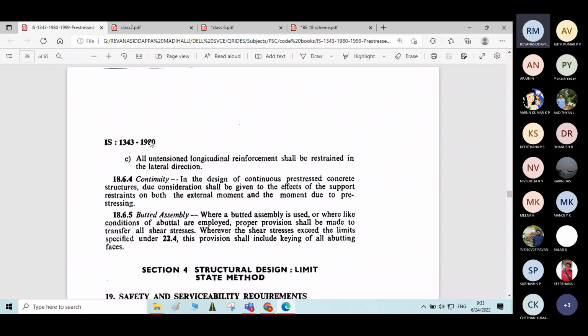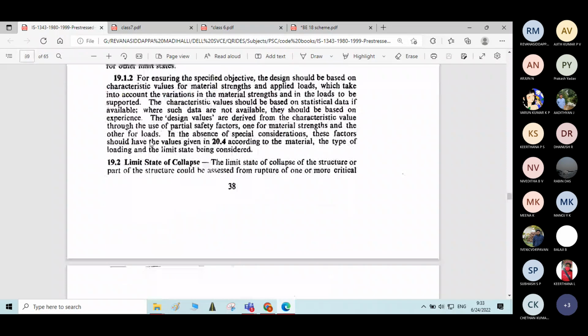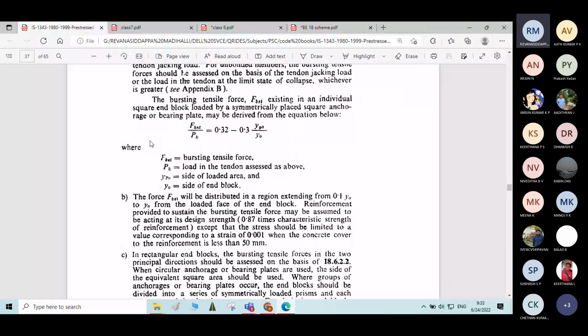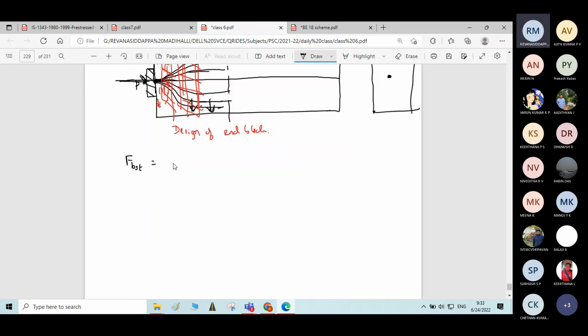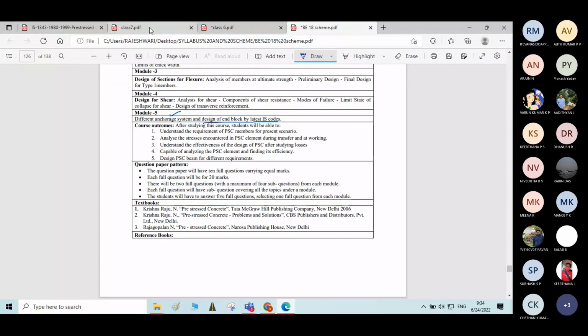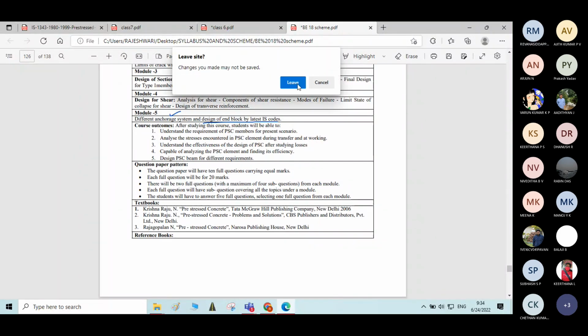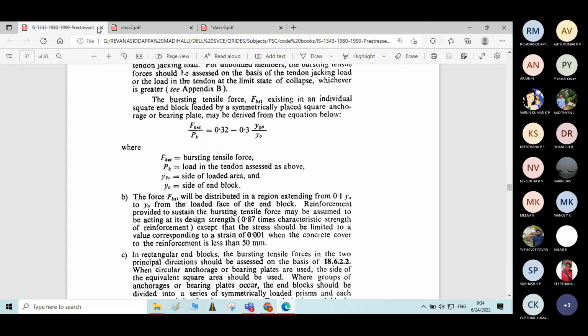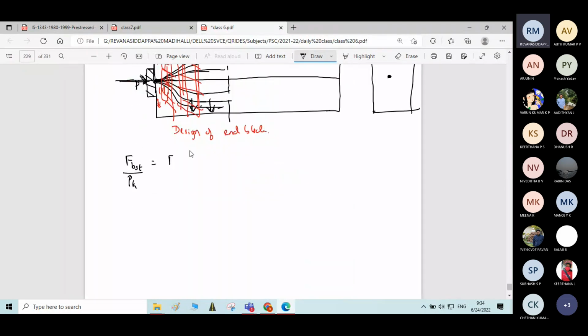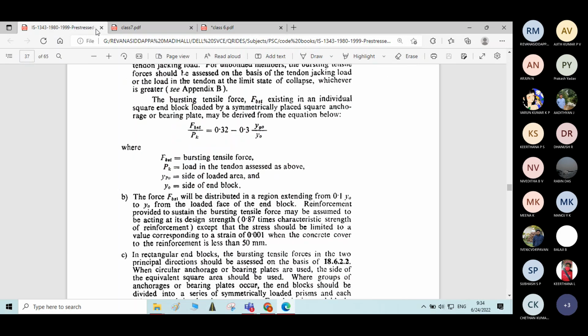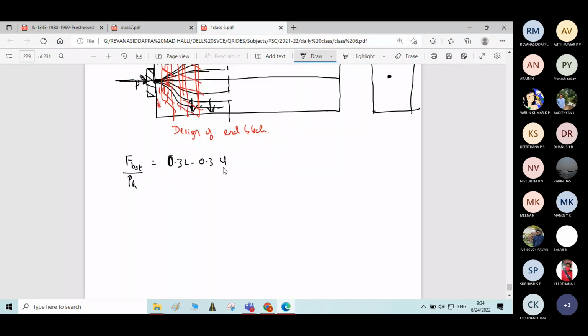Yes, here we have the formula for bursting force: FBST by PK is equal to 0.32 minus 0.3 into YP naught by Y naught, into YP naught by Y naught. That is the formula.